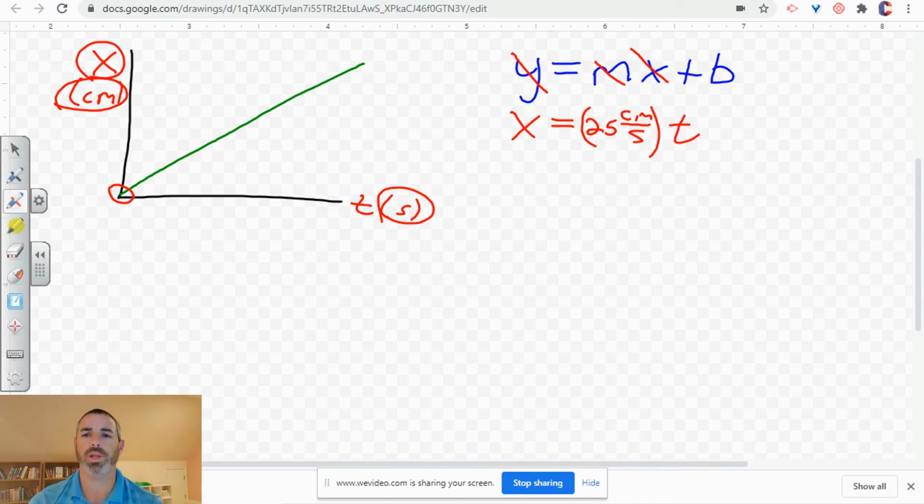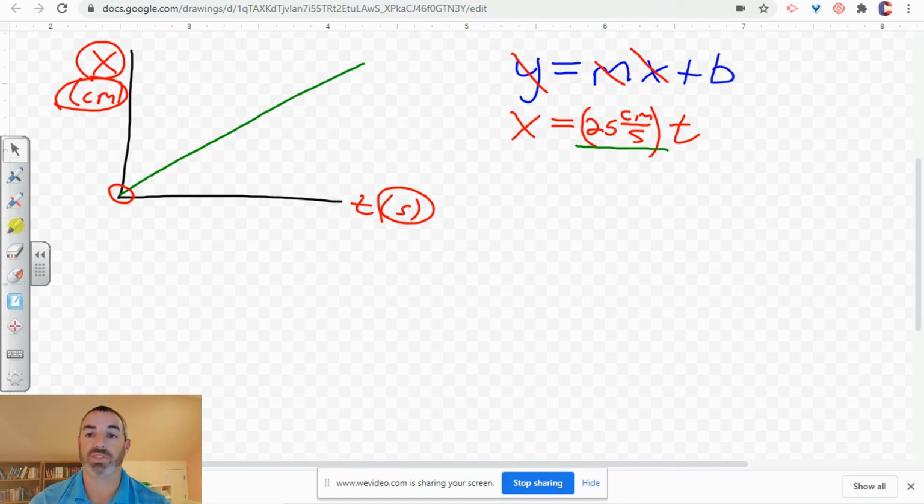Now, so let's go ahead and talk about what this slope means. 25 centimeters per second, or a better way to read that is 25 centimeters for every second. So 25 centimeters for every second, 25 centimeters it moves in 1 second.